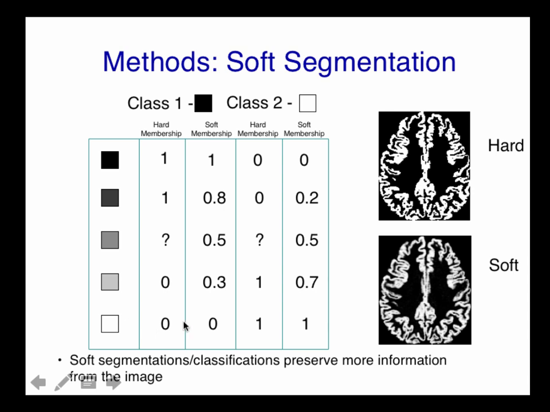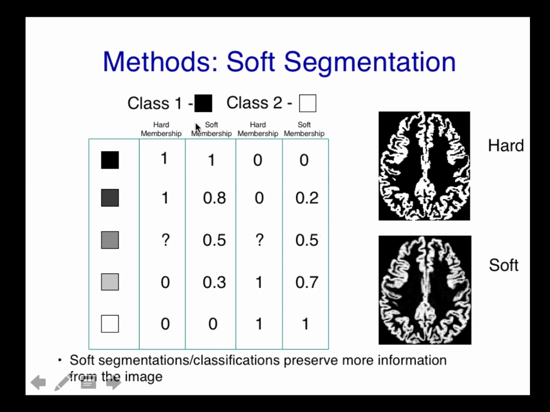If it's bright, it should belong in class 2. But if it's sort of in the middle, we're not really sure what to do with those observations. So if you have an algorithm that computes a soft segmentation, we don't have this problem, right? We just have gradations between 0 and 1 rather than having to make that exclusive decision.